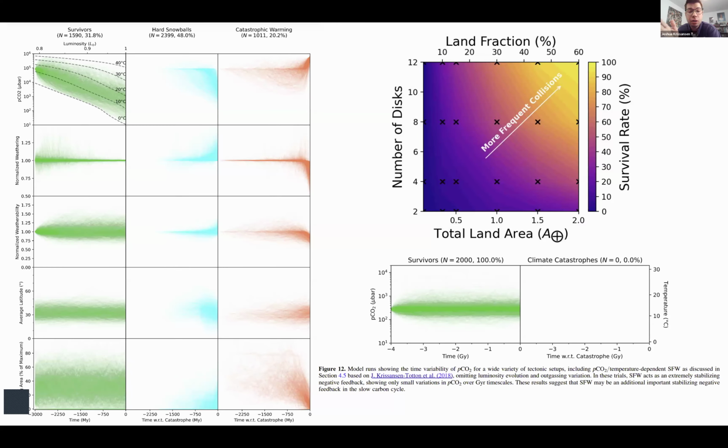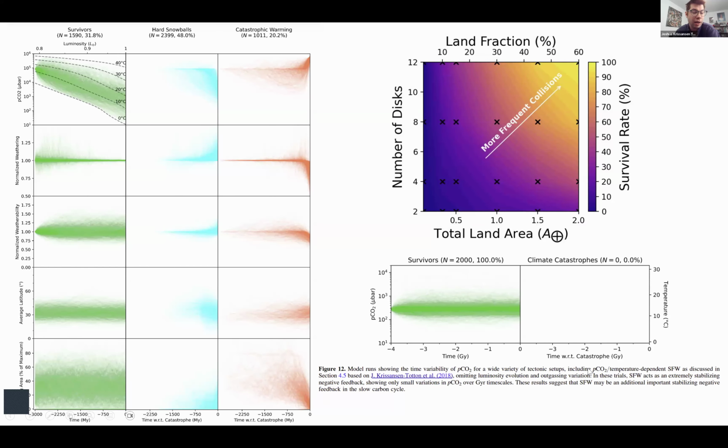But crucially, everything in these simulations on the left ignores seafloor weathering. And if you put seafloor weathering back into the model using a parameterization similar to what I've been using in our models, there are no longer any catastrophic warming model runs.